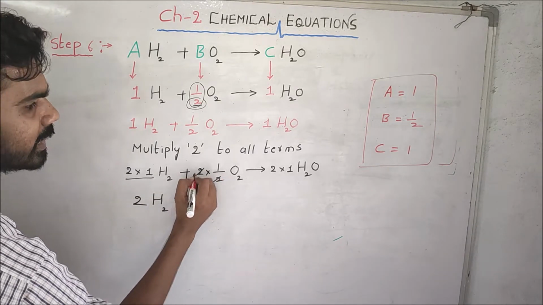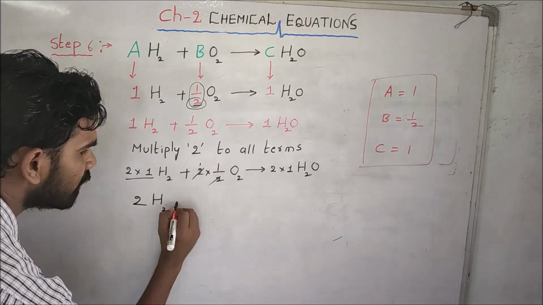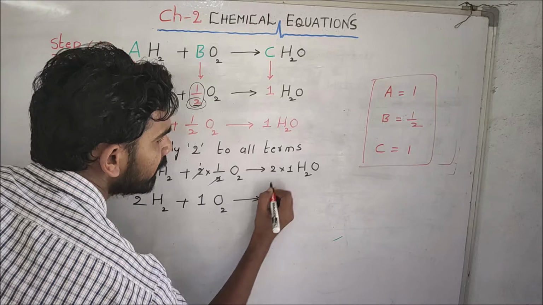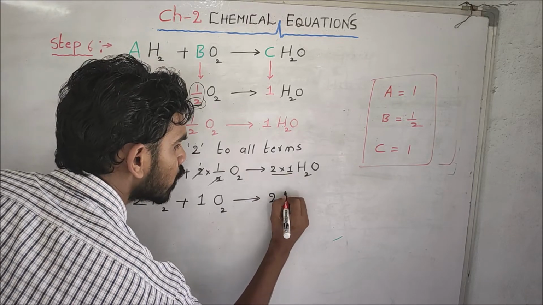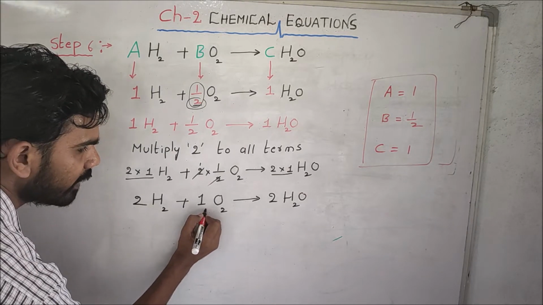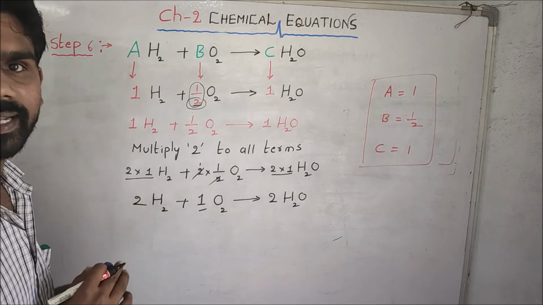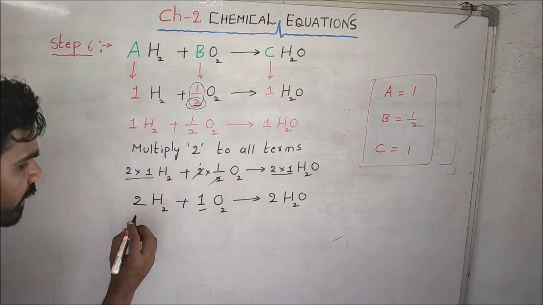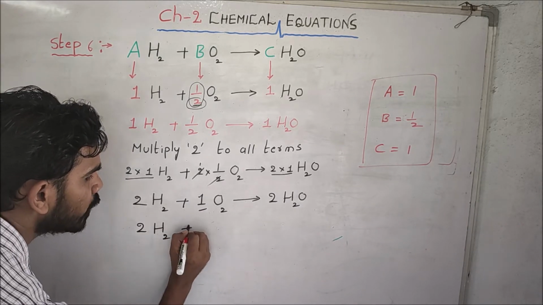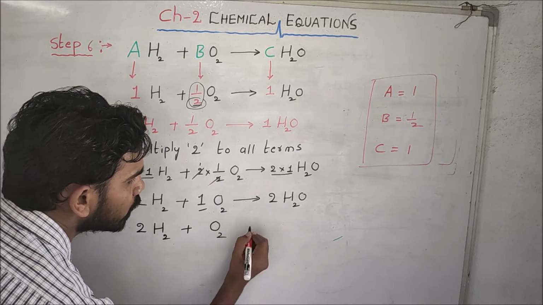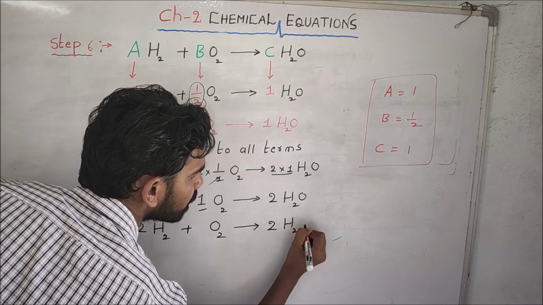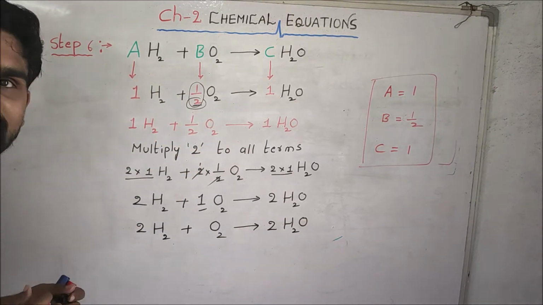Here the 2 cancels, 2 into half gives 1 O2. Here also 2 ones are 2 H2O. Now we got the answer. Whenever 1 is there, no need of writing 1. 2H2 plus O2 gives rise to 2H2O. Now our answer is done.